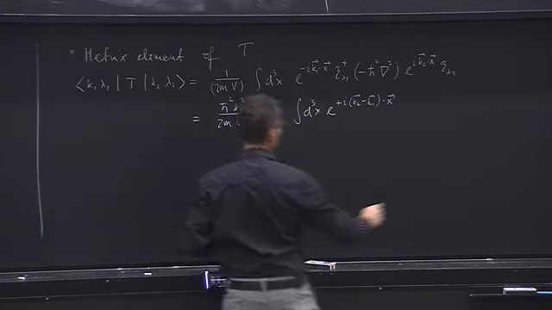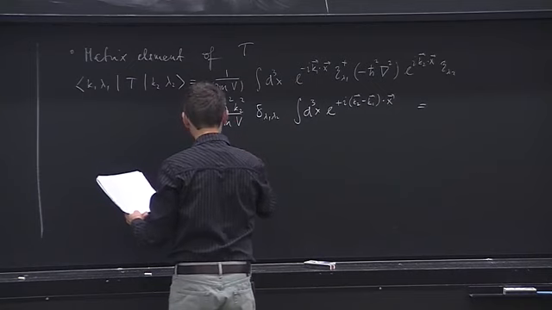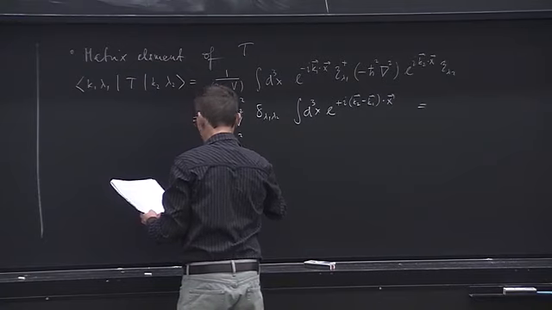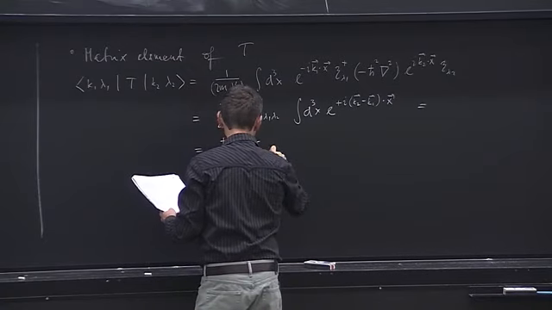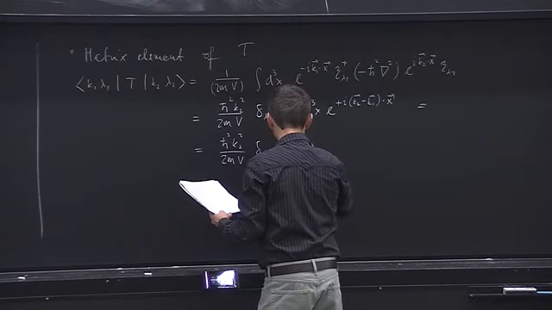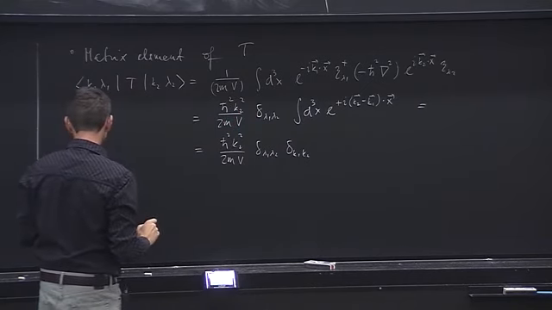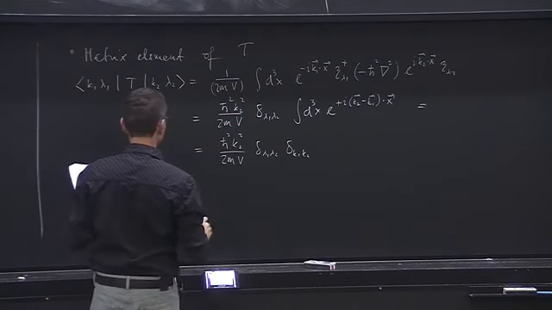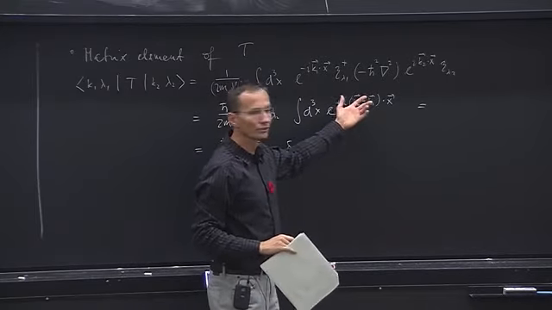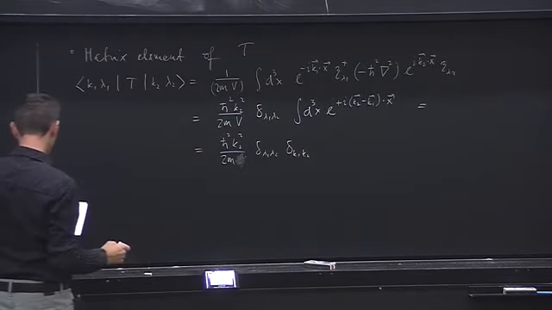So I can immediately evaluate this and write the result here. h bar squared k2 squared over 2mV times delta lambda 1 lambda 2 delta k1 k2. And there's no volume here because, of course, when this is non-zero, then it's proportional to the volume of the system, so that volume just cancels that.